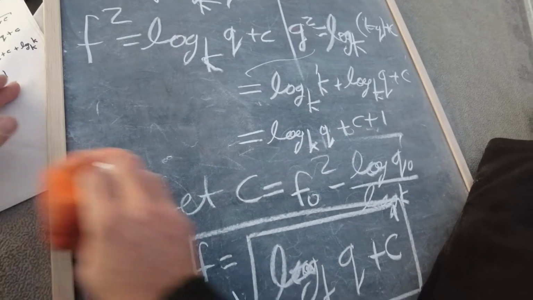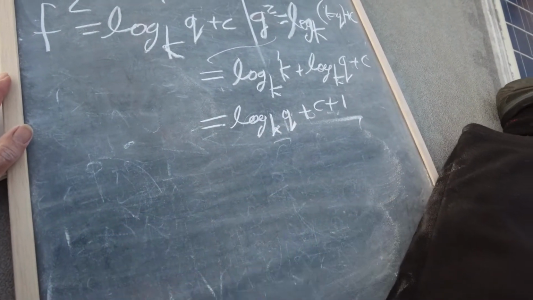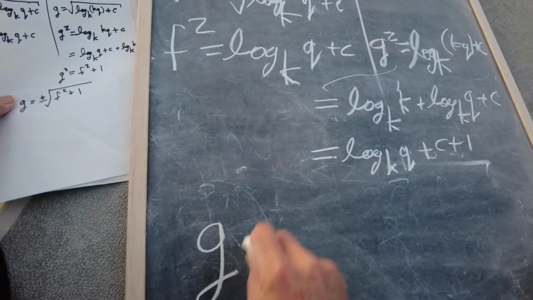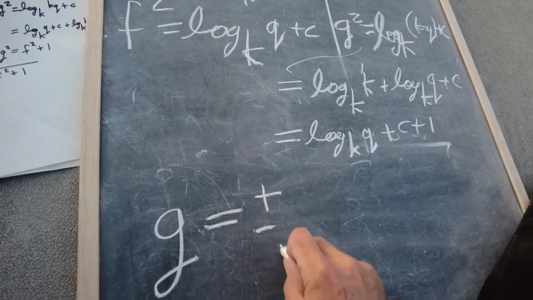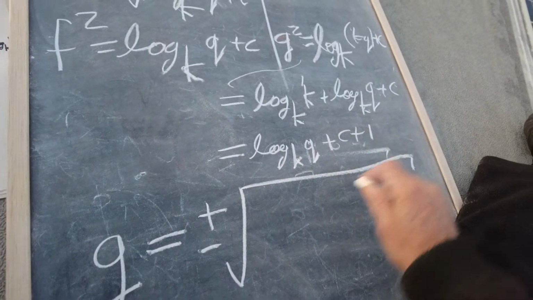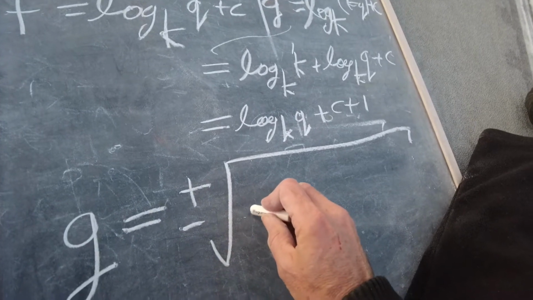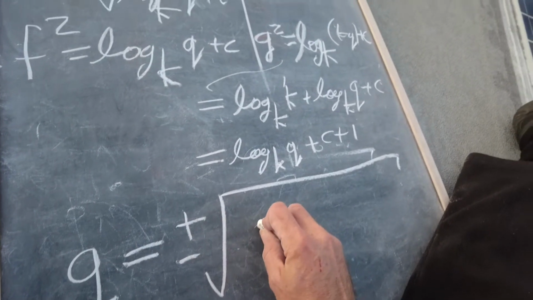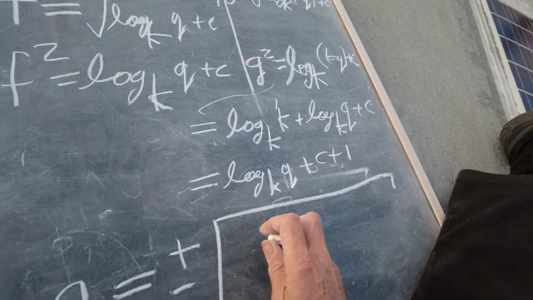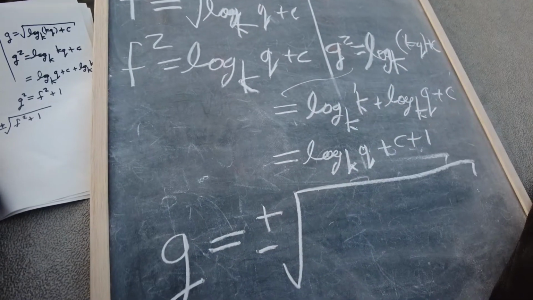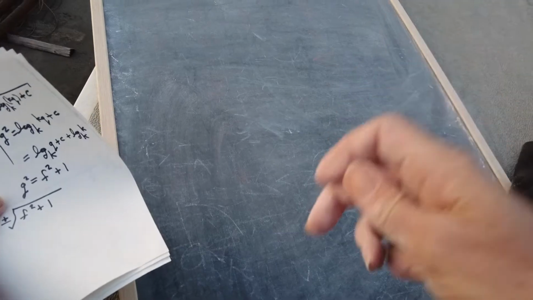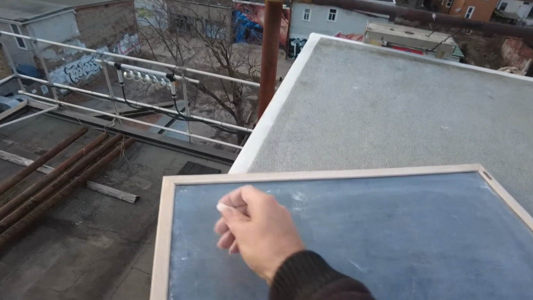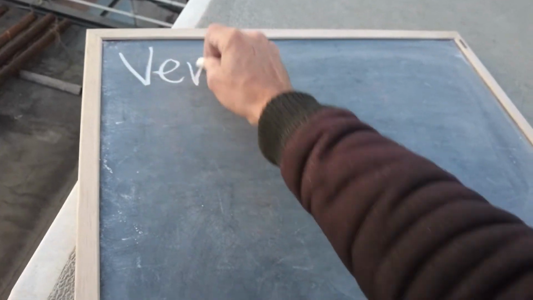And so we have here that g equals plus or minus the square root of, it's going to be the square root of this function. Okay, so let's verify that that's a solution.